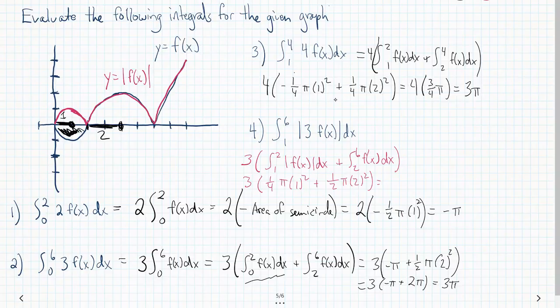Okay, so this is going to be 3 times, we'll have 1/4 pi plus 2 pi, right? So 2 pi plus 1/4 pi, that would make 9/4 pi. So we have 27 over 4 pi, and that's our final answer.